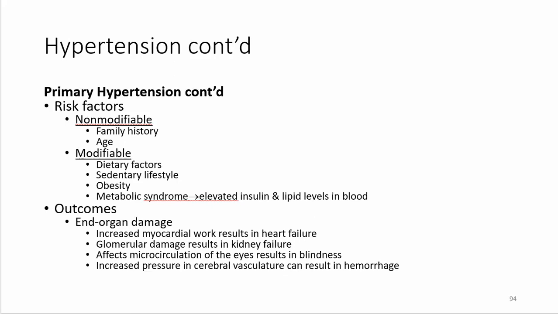So this is dietary factors, especially surrounding sodium intake, sedentary lifestyles, obesity, and metabolic syndromes of inappropriate insulin and fat levels in the blood. These can include type 2 diabetes or pre-diabetic syndromes, things like that. But all of those things are modifiable.